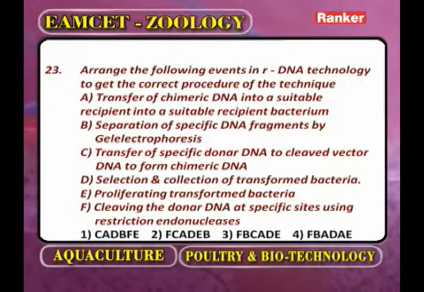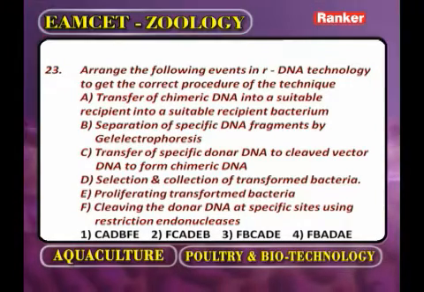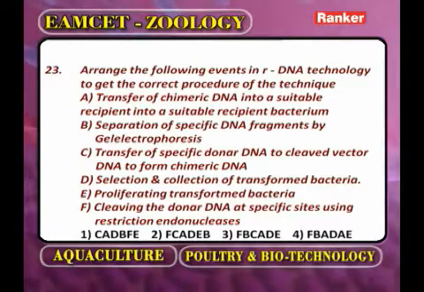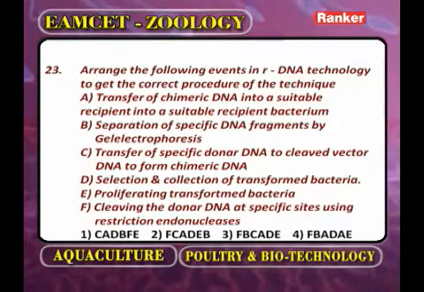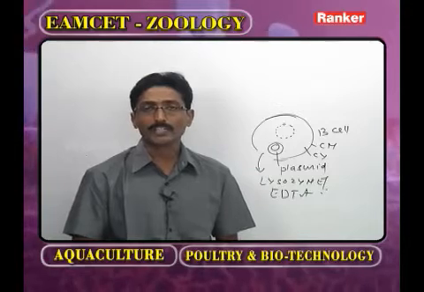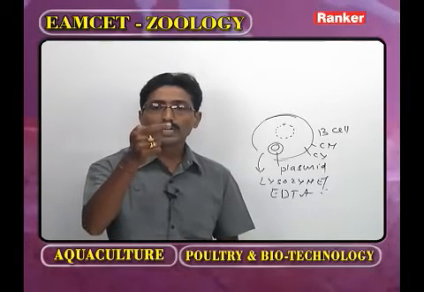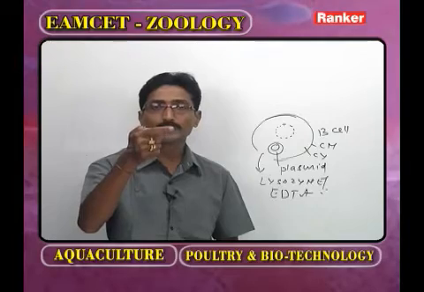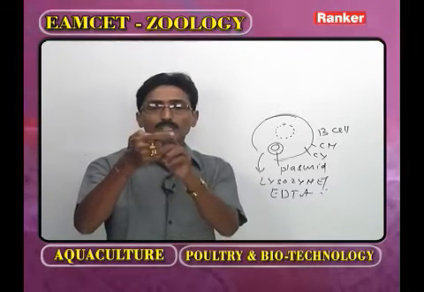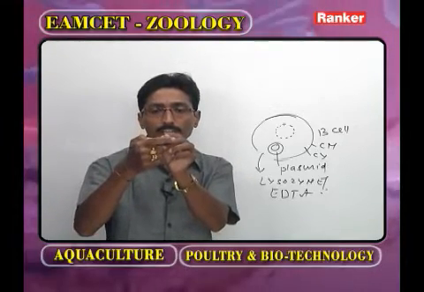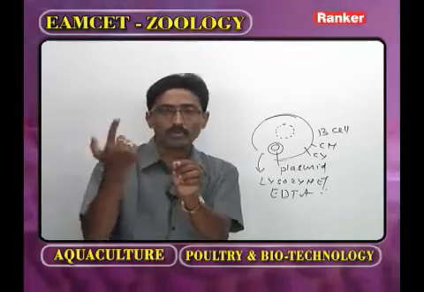Arrange the following events in recombinant DNA technology to get the correct procedure of the technique. As we observe the protocol of recombinant DNA technology, first of all we have to select or isolate the donor DNA. From the donor DNA a small fragment is removed.